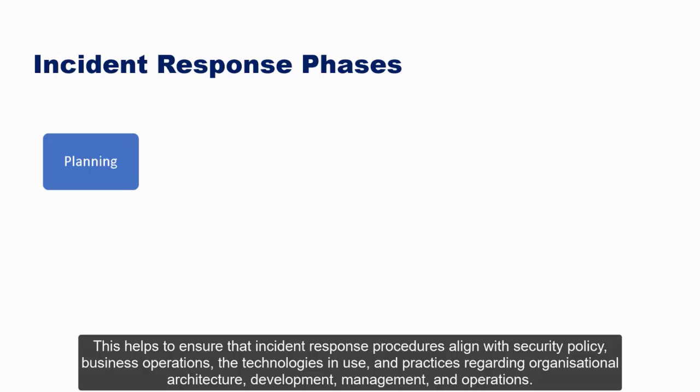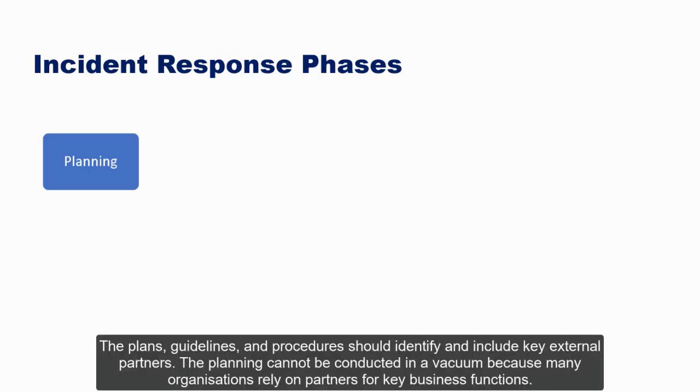This helps to ensure that incident response procedures align with security policy, business operations, the technologies in use, and practices regarding organizational architecture, development, management, and operations. The plans, guidelines, and procedures should identify and include key external partners. The planning cannot be conducted in a vacuum because many organizations rely on partners for key business functions.